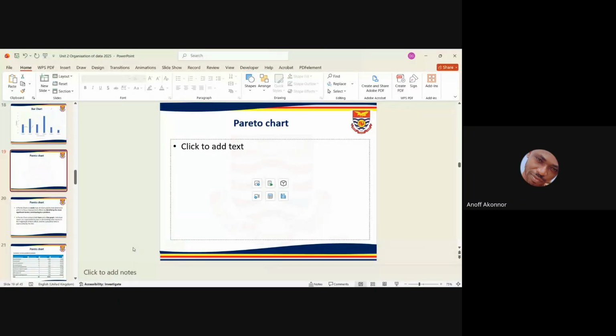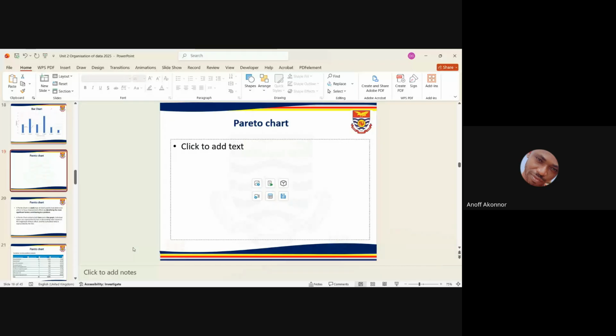Our first brother mentioned that when you want to construct the Pareto chart, we are going to get a bar chart and then a line graph. Then he said that when we are about getting our Pareto chart, first we would have to list the data that we want. After listing them, we will have to record the frequencies that the data points came with.